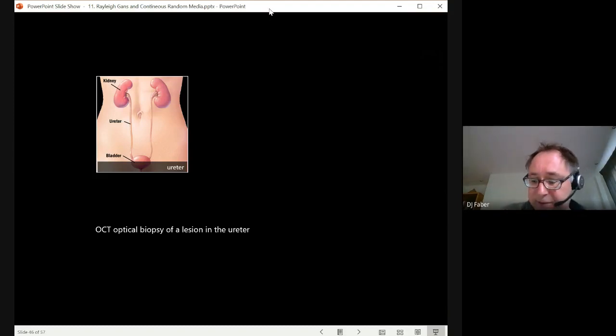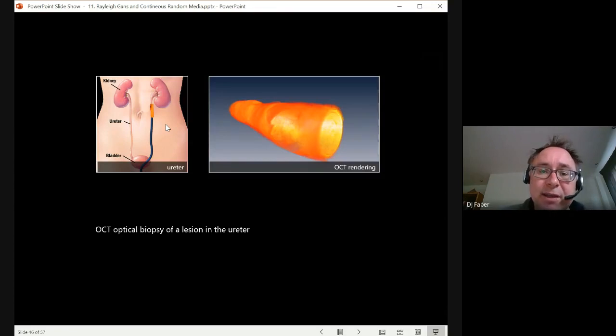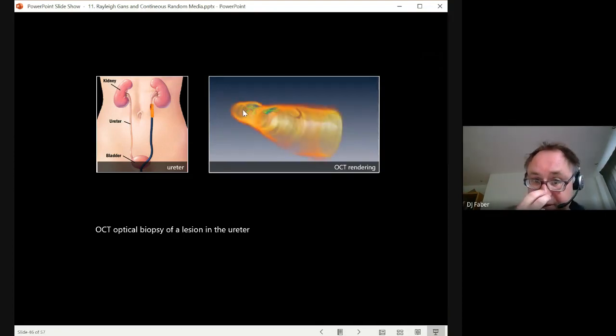One of the things that may be able to do that is OCT, from the inside. So let's assume that there is a lesion over there, that's the green dot. The idea is to go there with a probe and make a circumferential OCT image. So the probe is inside the ureter and looks around, collects scattered light all around to make an OCT scan of a small segment, and then hopefully that segment contains the lesion that can then be found through image processing.